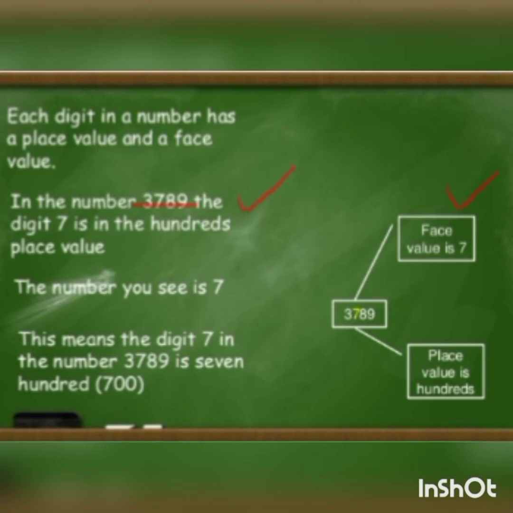Students, in the given boxes we can see that in 3789 the face value of 7 is 7, but the place value of 7 is hundreds. This is the difference between face value and place value. Place value shows the position of the digit and face value is the digit itself.